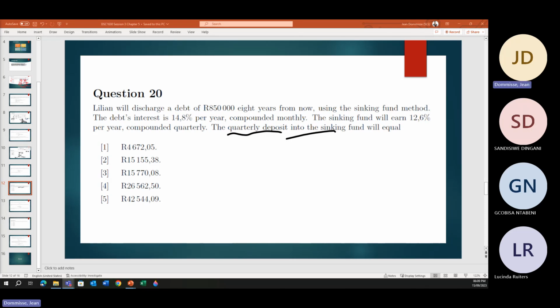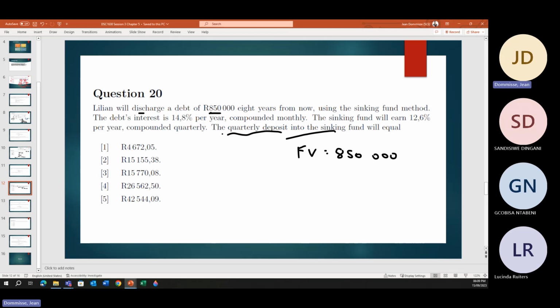Okay, so let's look at what we need to do. Okay, so the first thing is, she will discharge the debt of 850,000. So that's your future value, the 850,000.